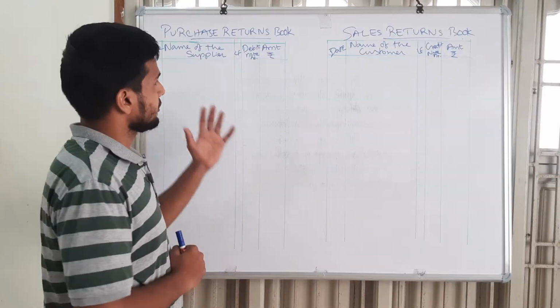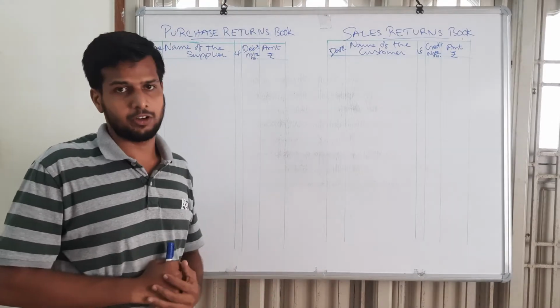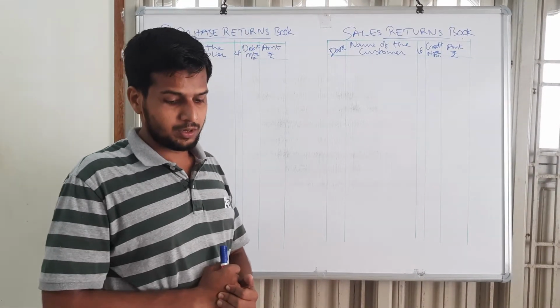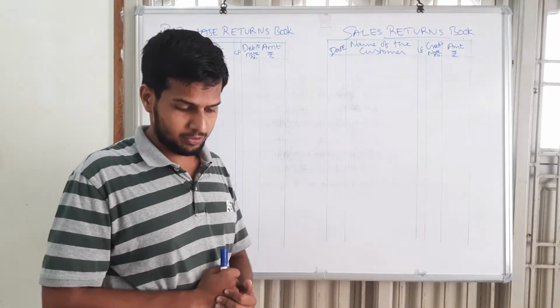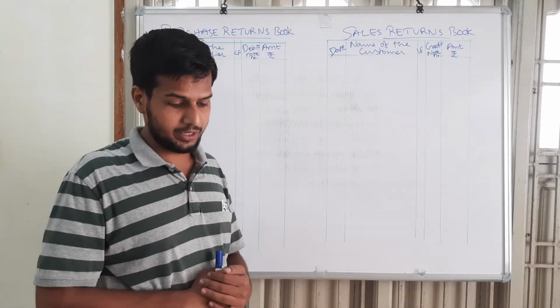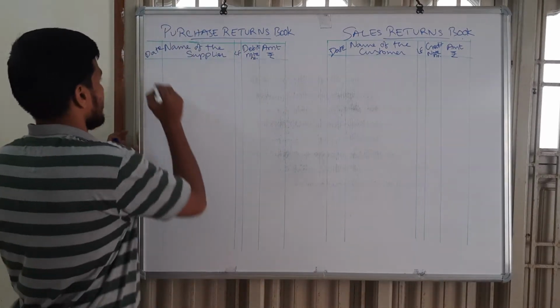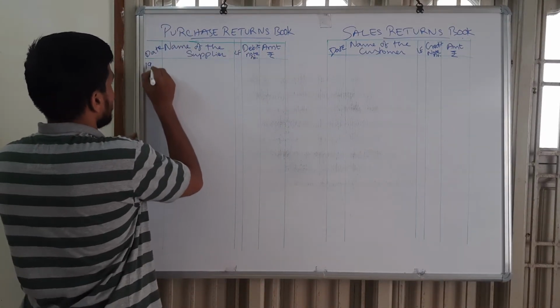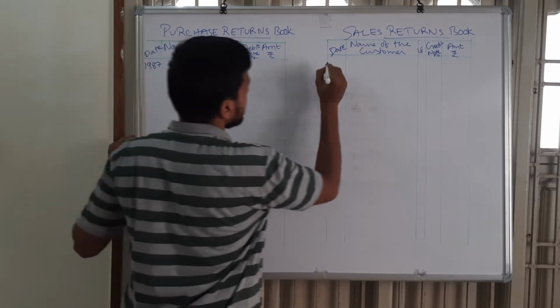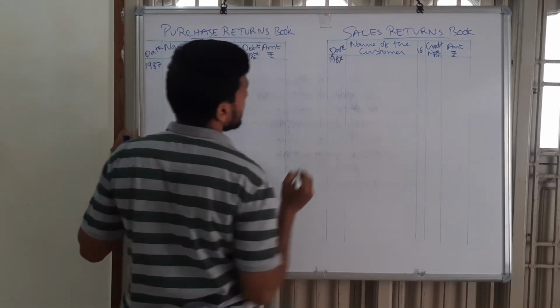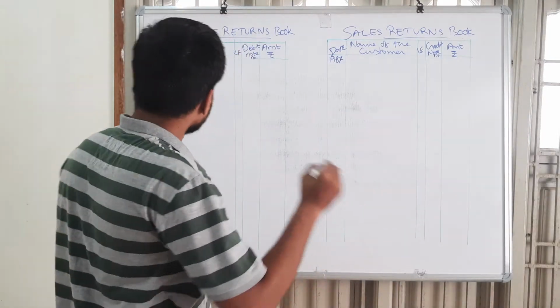So this is the format we have, and the question is: prepare purchase returns book and sales returns book from the following. We have the year 1987, so we write the year 1987 on both sides, and August is the month.